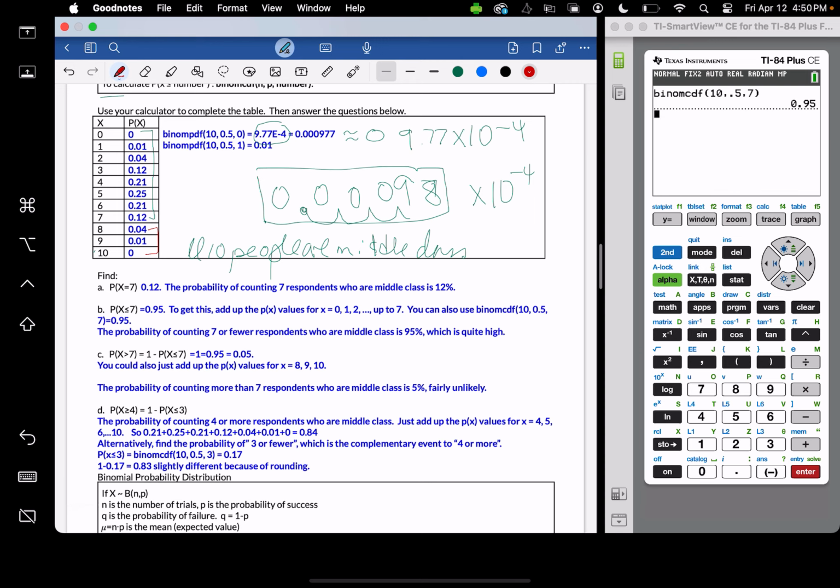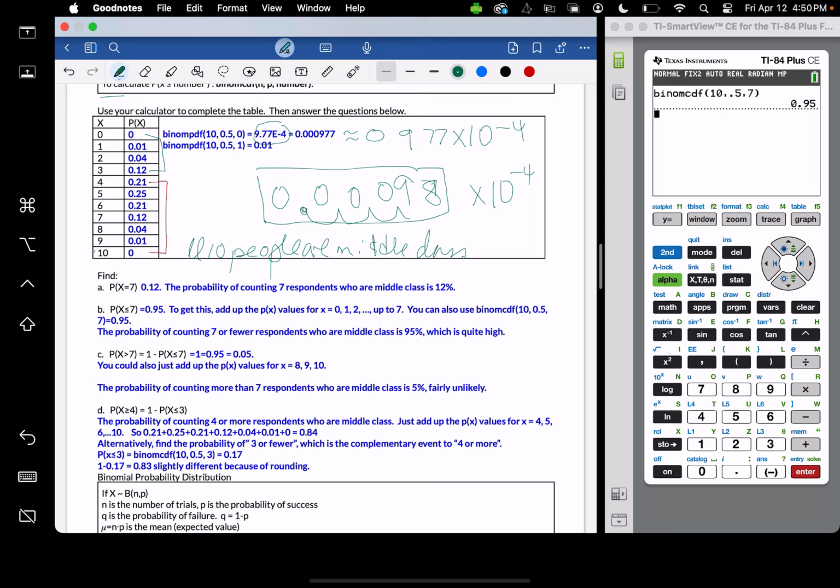Probability that x is greater than or equal to 4. So if I wanted to say what is the probability of all of that, I could just add all of those up. Or I could do binom CDF with 3 plugged in, and then do 1 minus that answer, which you might be like, why would you even do that?